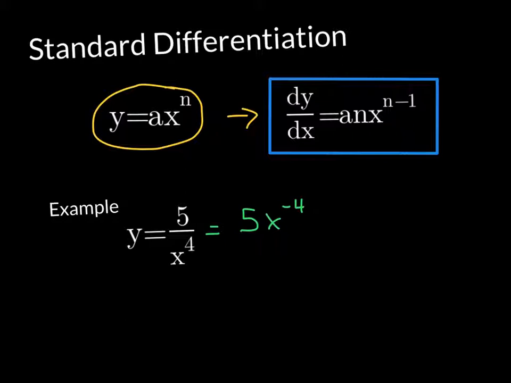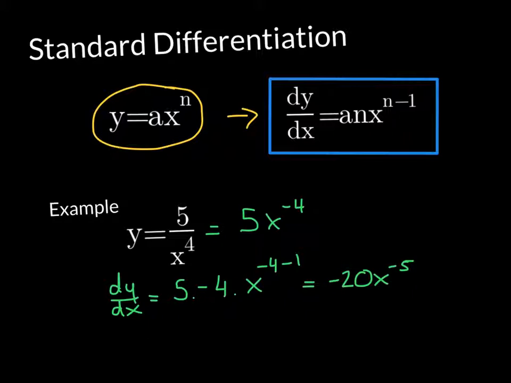We can now differentiate because we have it in the form that we need. So dy by dx, differential of y with respect to x, is now equal to 5 multiplied by minus 4 multiplied by x to the power of minus 4 minus 1. So if we multiply that out, we get minus 20 x to the minus 5.